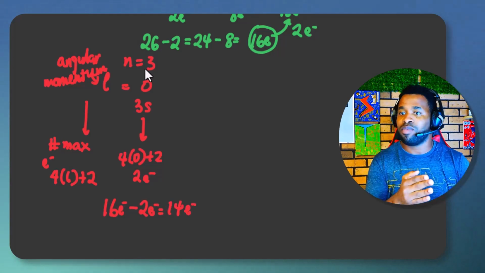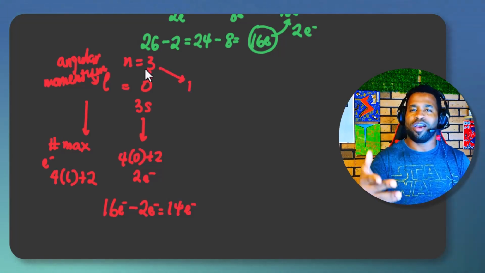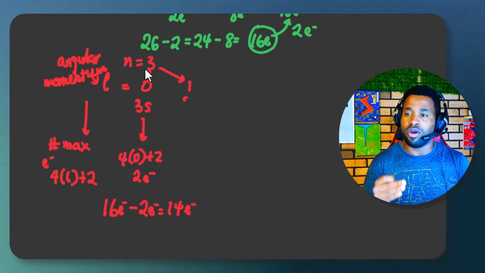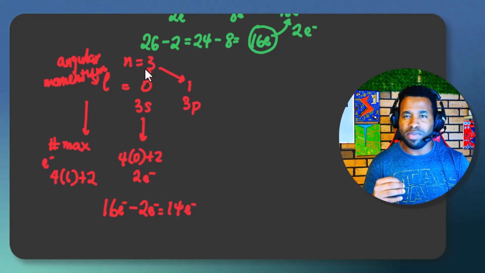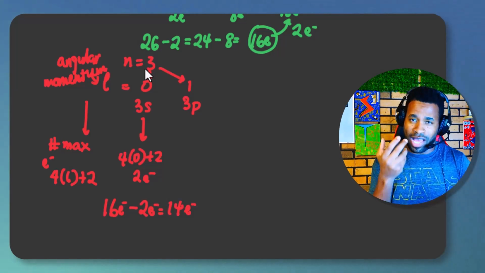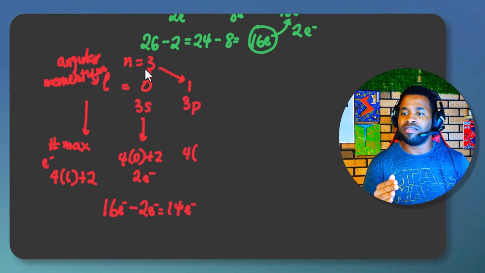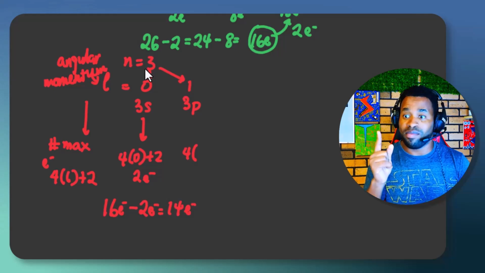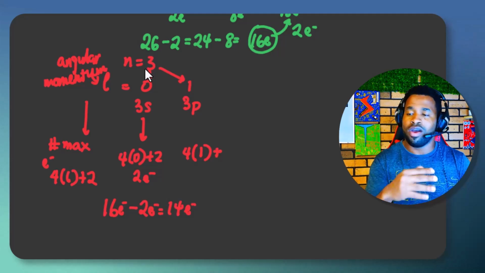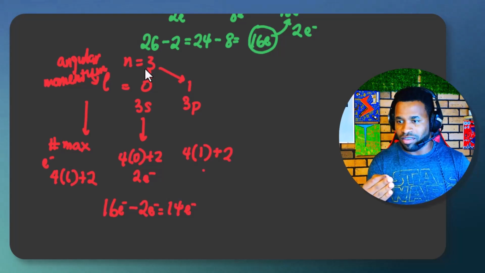And now the next part is moving from 0 to 1 in terms of the angular momentum. The following one is the same thing as the orbital 3p. When we look at how many electrons are going to be contained at the p orbitals, we have 4 times 1, which gives us 4, and 4 plus 2 gives you 6 electrons.